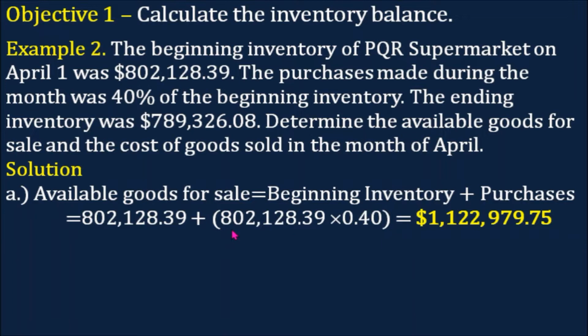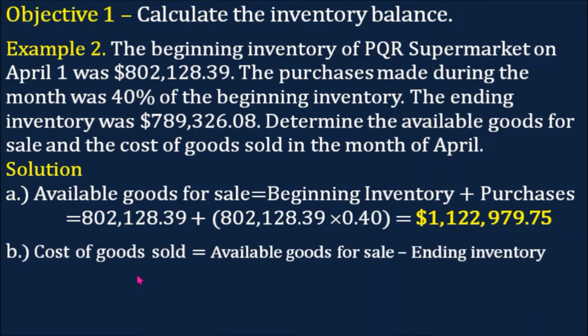So adding the amount obtained here and the amount 802,128.39, this is the sum, $1,122,979.75. For cost of goods sold, the formula is available goods for sale minus ending inventory.